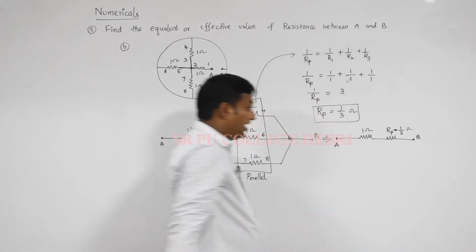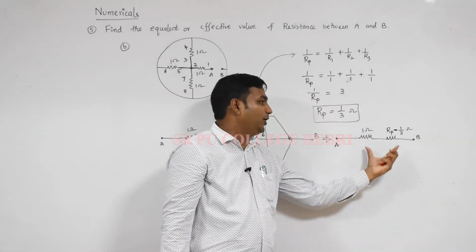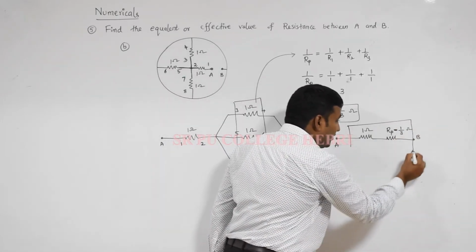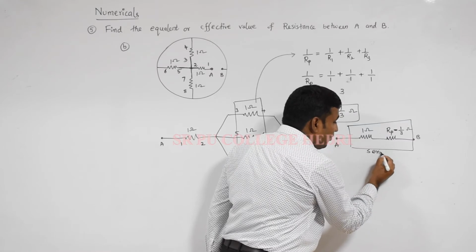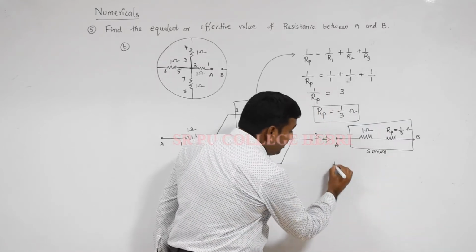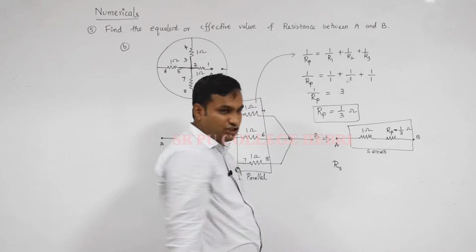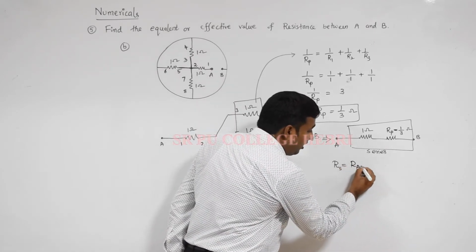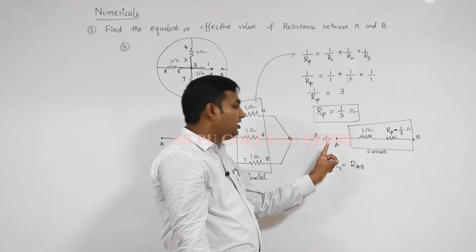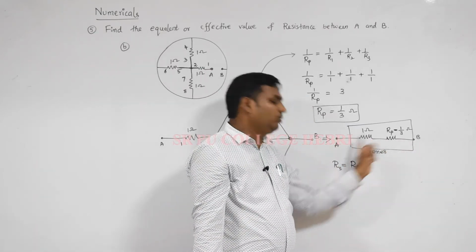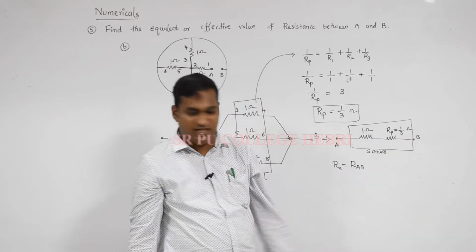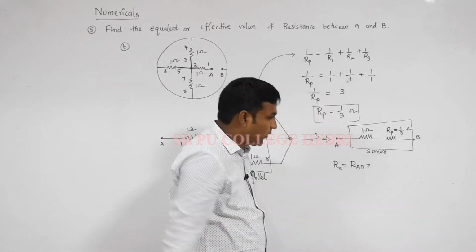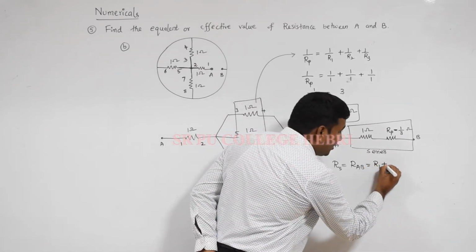The opposite part is connected to terminal B. Between A and B, you can see 2 resistors. They are connected in which combination, dear student? Series combination. The effective value of resistance in a series combination, Rs, we can write as Rab. Between A and B, 2 resistors are connected in series. So Rs is equal to Rab is equal to R1 plus Rp.